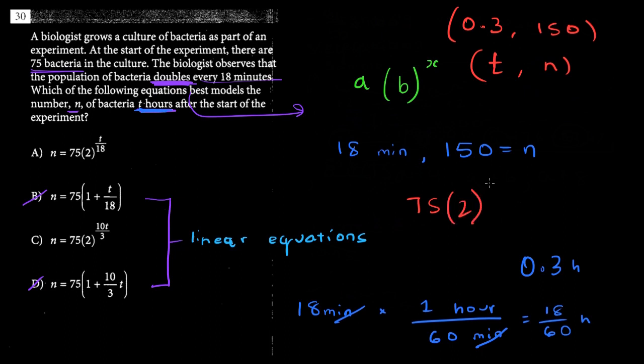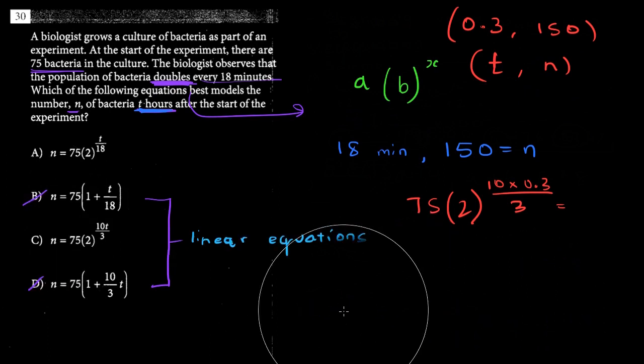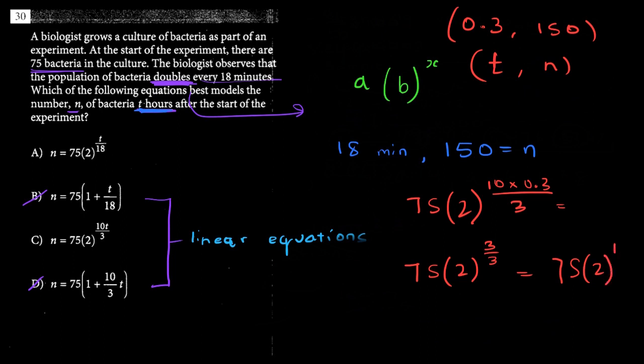What that equals is 75 times 2 to the power of 10 times 0.3, which is 3, so 3 over 3, which is 1. So it's 75 times 2 to the power of 1, which is equal to 150. And so that's our answer, C. C is going to be our answer choice.